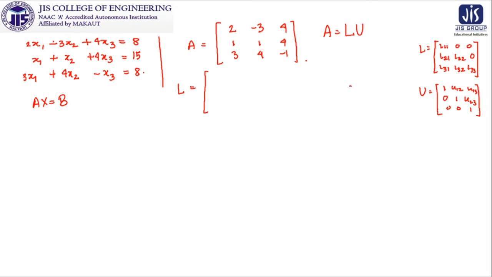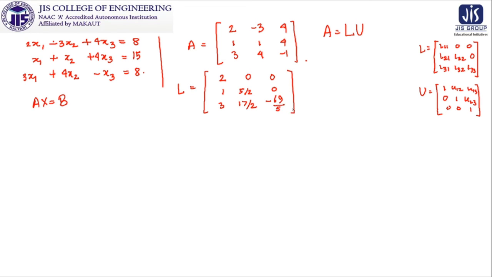In the previous calculation, putting the values of L11, L22, etc., we get my L as 2, 0, 0; 1, 5 by 2, 0; and 3, then 17 by 2 and minus 69 by 5.